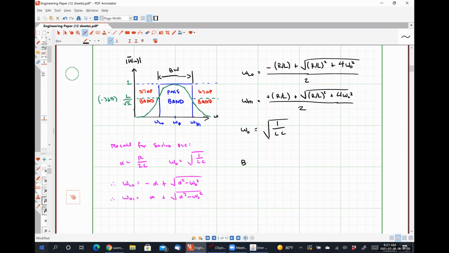So the bandwidth is defined as omega high minus omega low, which is going to be negative R, or excuse me, positive R over L divided by 2.